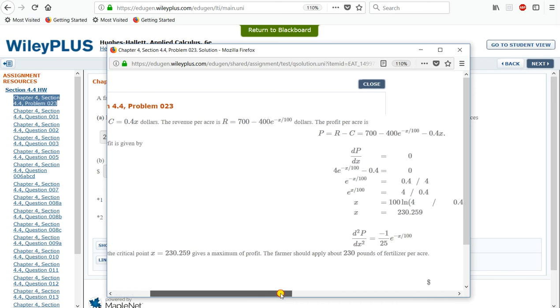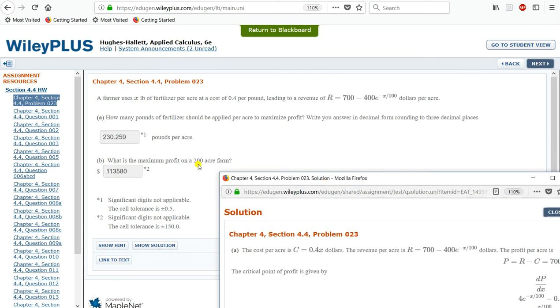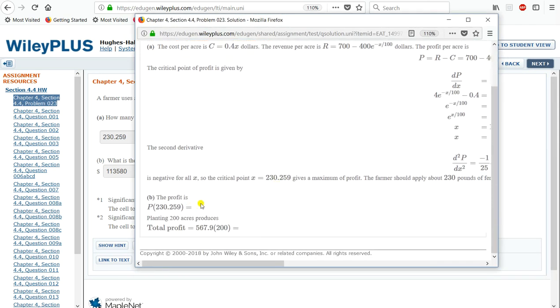Now that maximum profit is for 1 acre only. Now you want this maximum profit for a 200-acre farm. So whatever number you get here, multiply that by 200. It should be 567.9, and multiply this by 200.